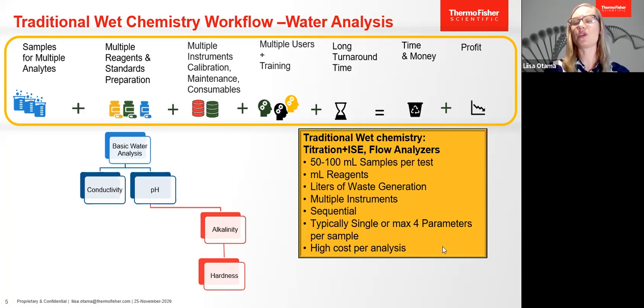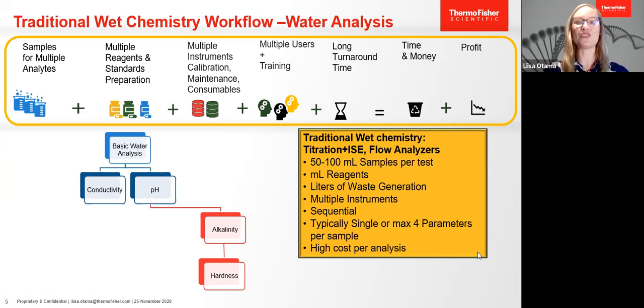Often you can only do just one parameter from the same sample at once, or if you have flow injection analyzers or segmented flow analyzers, maybe a maximum of 4 parameters at the same time, depending on the channels you have.